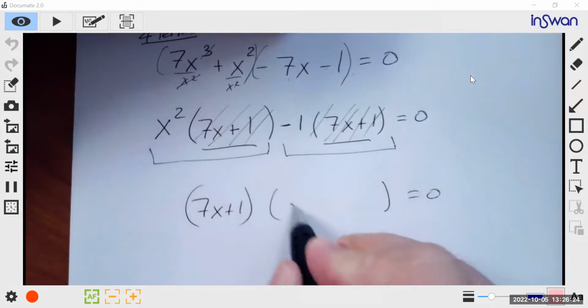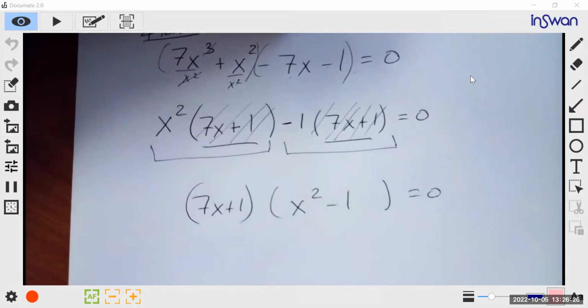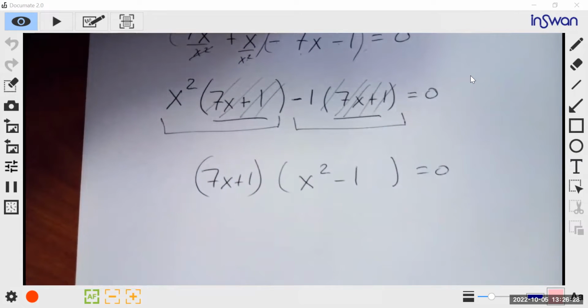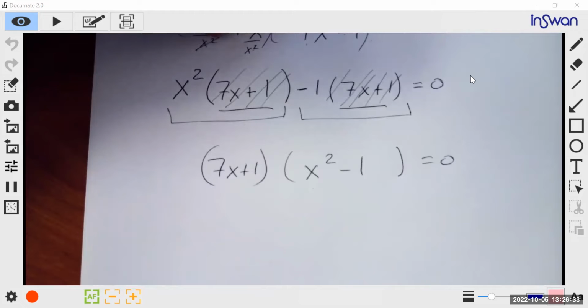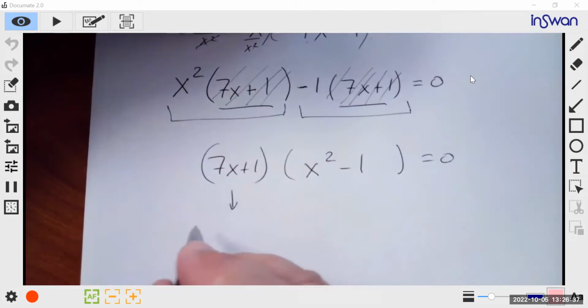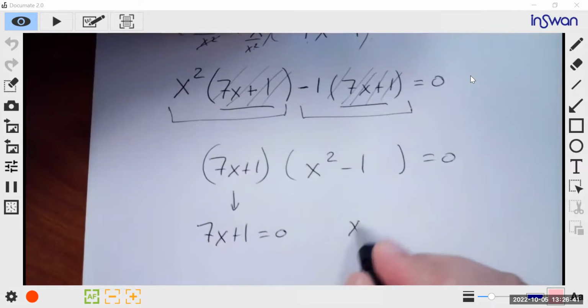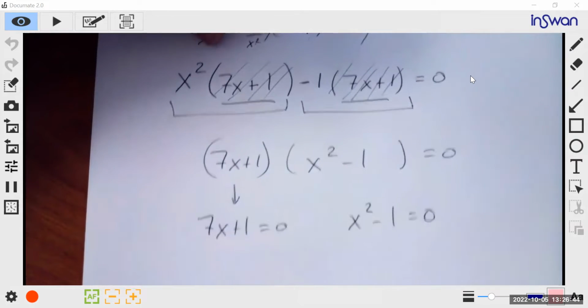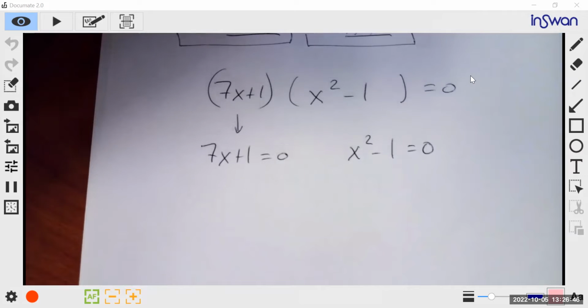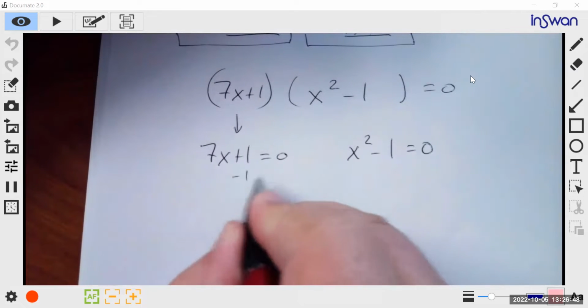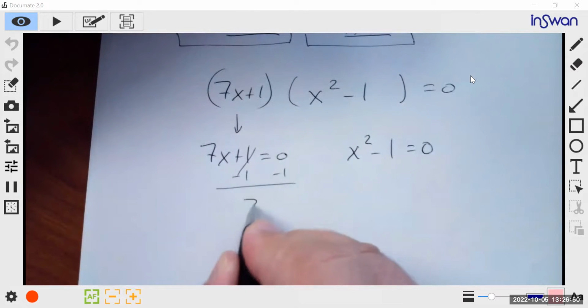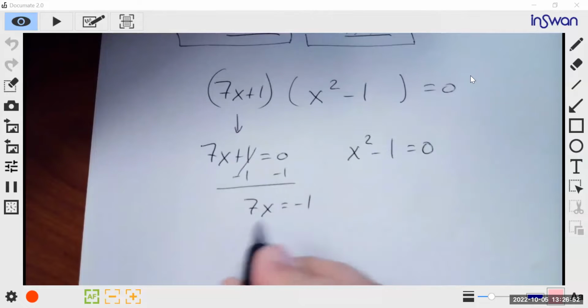X squared minus 1. 7x plus 1 equals 0. X squared minus 1 equals 0. Subtract 1. Divide by 7.